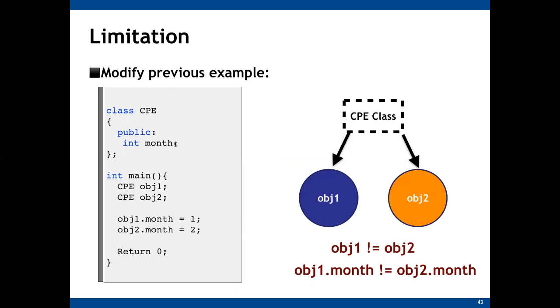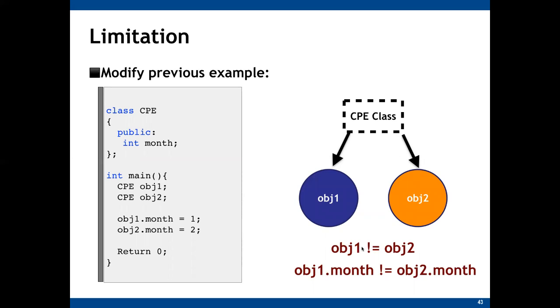This is possible because this member variable is public. And even though object 1 and object 2 are generated from this CPE class, these two objects are completely different ones. So they are not equal.